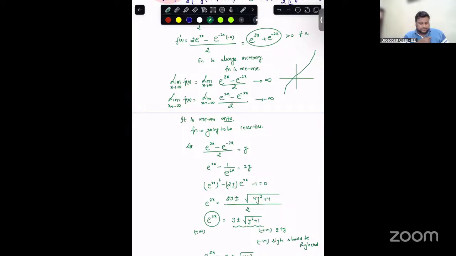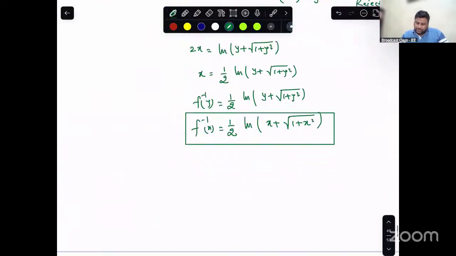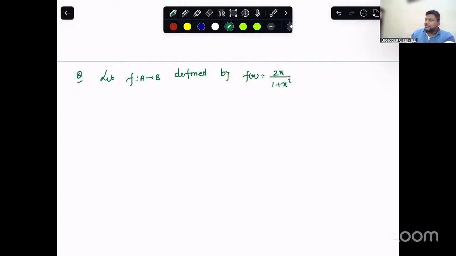Got it? Now, write down the next one. Let f from A to B be defined by f(x) equals 2x upon 1 plus x square.